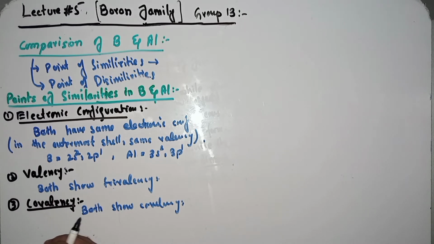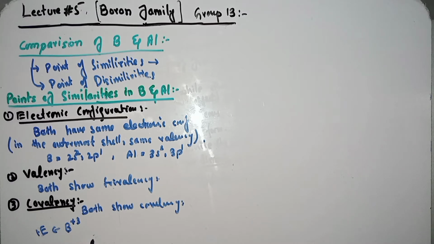Why does boron show covalency? Boron shows covalency because it is difficult to get the B3+ ion, that is the +3 oxidation state. It is very difficult to get the B3+ ion because a large amount of energy is required, because of high ionization energy, to ionize boron.